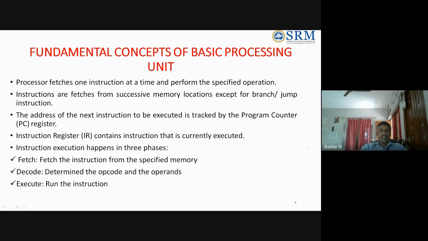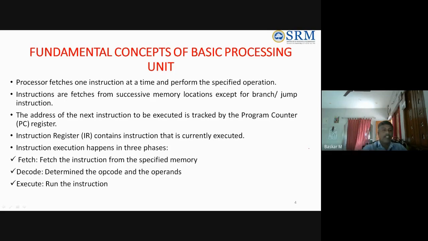Normally, instruction execution happens in three phases. One is to fetch the instruction from the specified memory. You have to fetch the instruction as well as the operand from that particular place, either memory or register. Then after fetching, we decode the instruction. Decoding means determining what operation needs to be performed in this particular instruction and what kind of operands are involved, whether it is a register operand, an immediate operand, or a memory operand, and how many operands are involved.